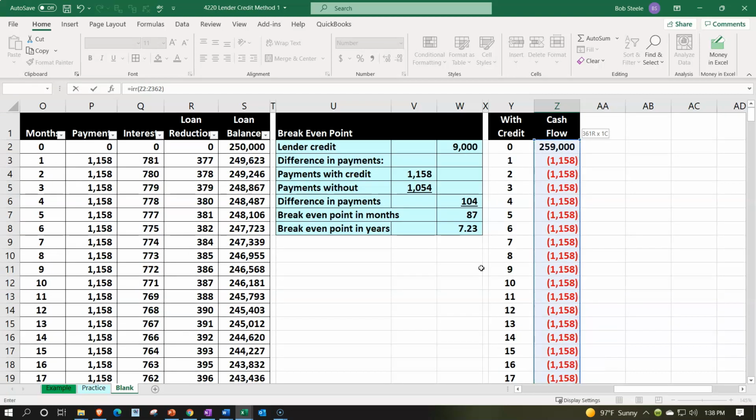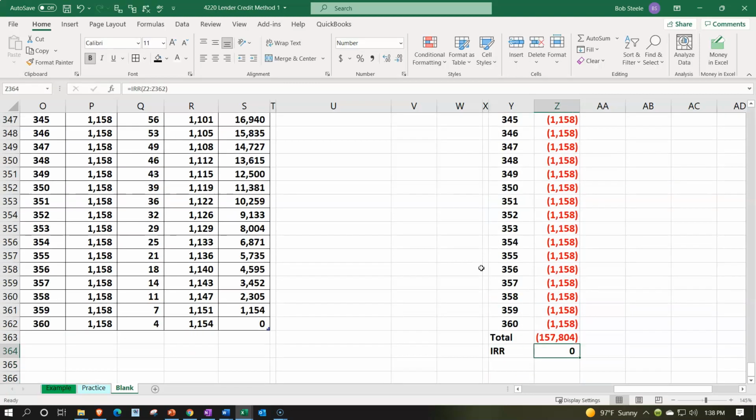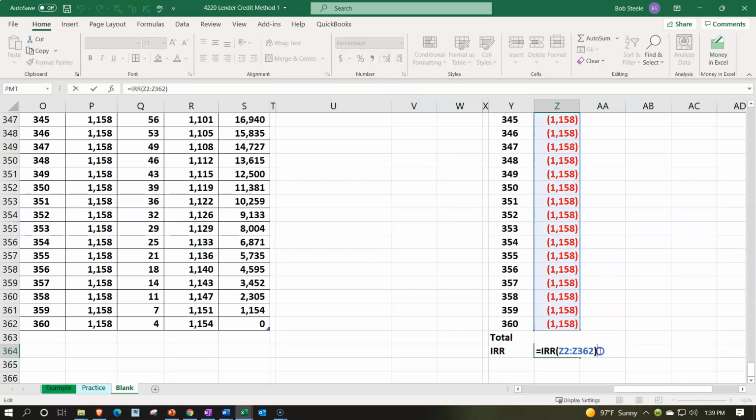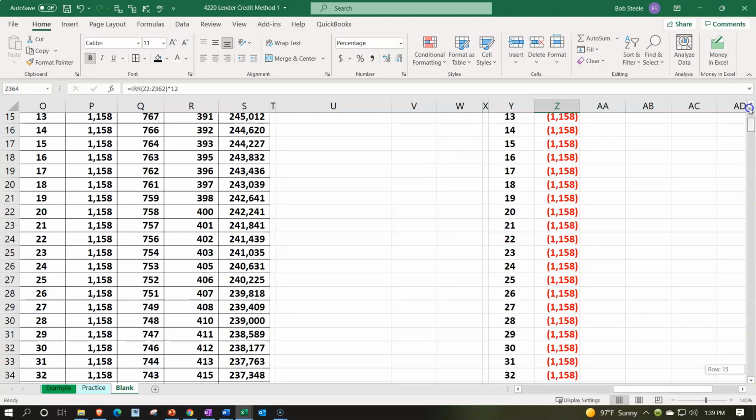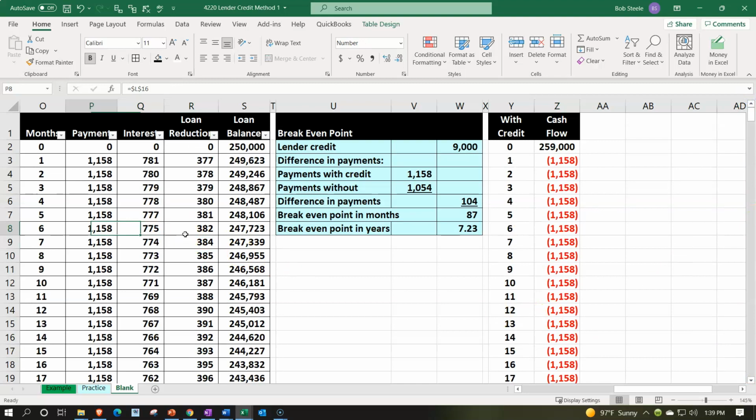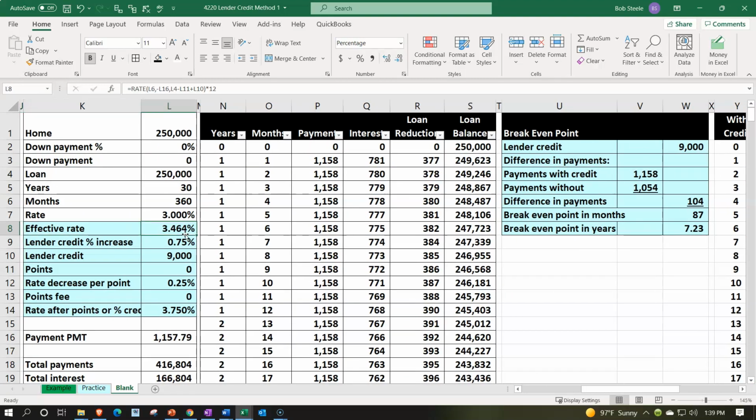That's the monthly IRR. If I double click on it and I multiply it times 12, we get the yearly. There's the 3.464. So that 3.464 should equal the effective rate, which should give us some verification that we're doing things properly here.